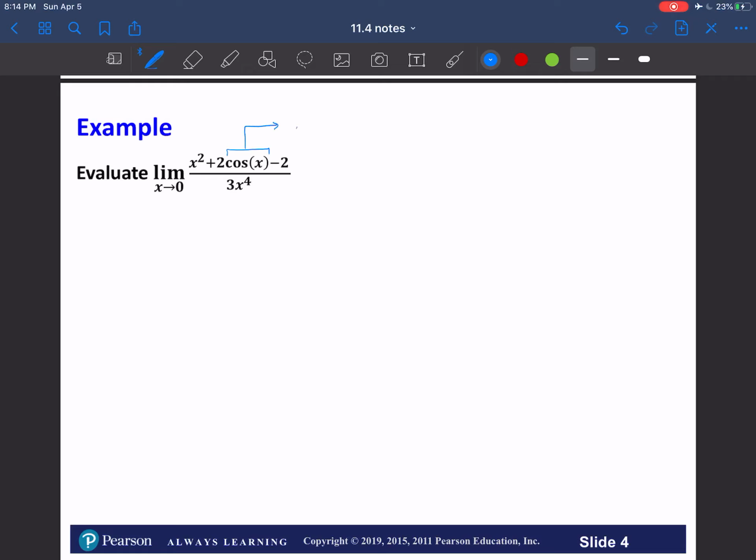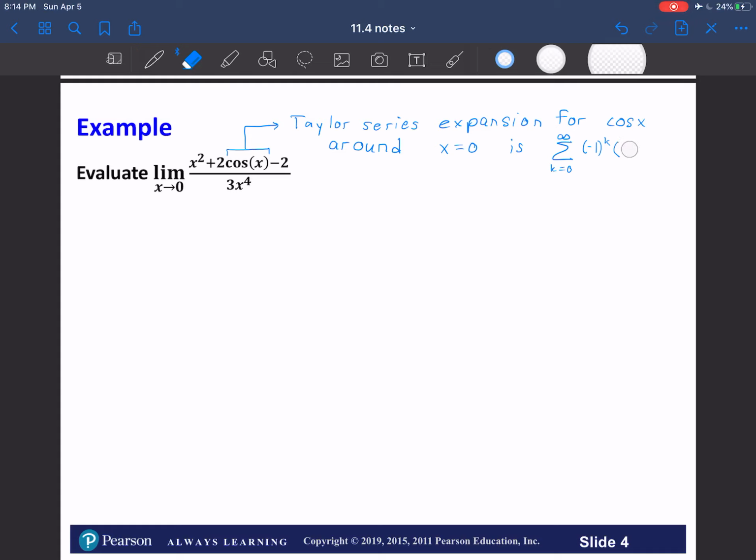So let's write that the Taylor series expansion for cosine of x around x equals 0 is, and it is specifically the sum from k equals 0 to infinity of negative 1 to the k power times, sorry, that's not right, times x to the 2k power divided by 2k factorial.